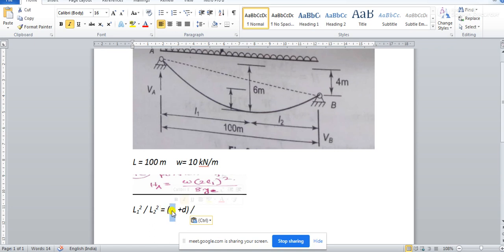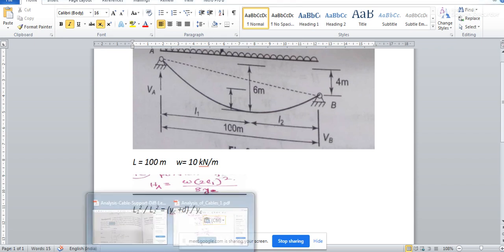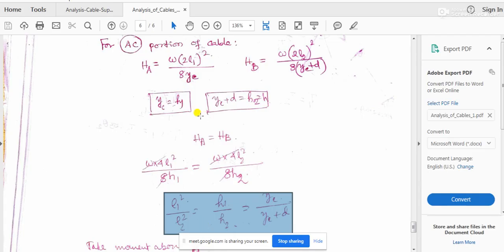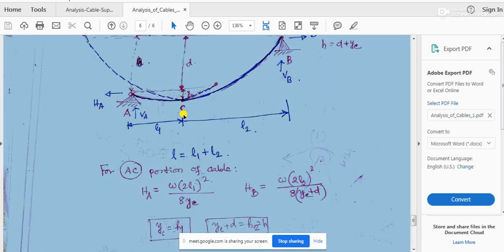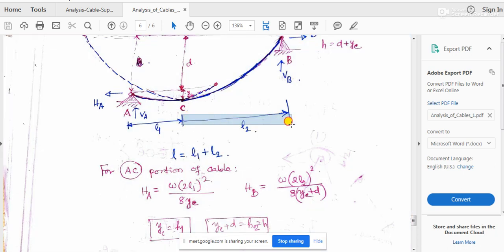If you have any doubt on this, tell me. I'll explain again. When we derived this formula, support A was at a lower level than support B. So in this case, L1 was lesser than L2.